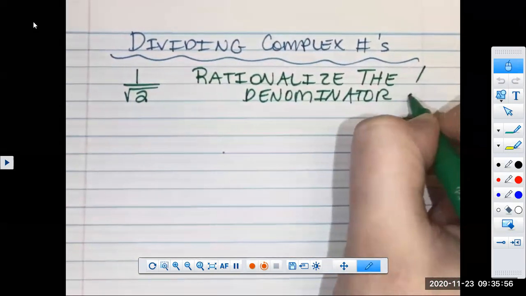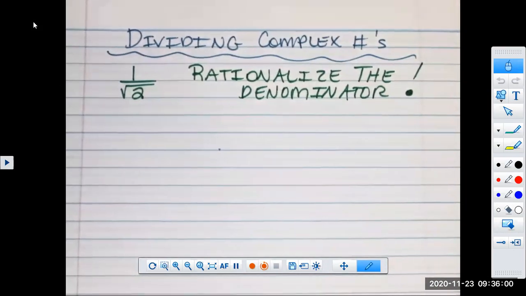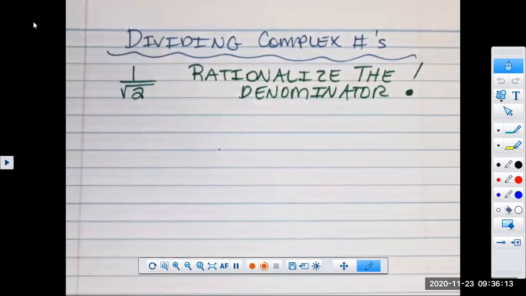So we've never left radicals on the bottom unless we're dealing with a specific type of problem that will give you permission to do that, but rarely do you ever. So in this case, 1 divided by root 2, you would multiply the top and bottom by root 2 to get the radical out of the denominator.